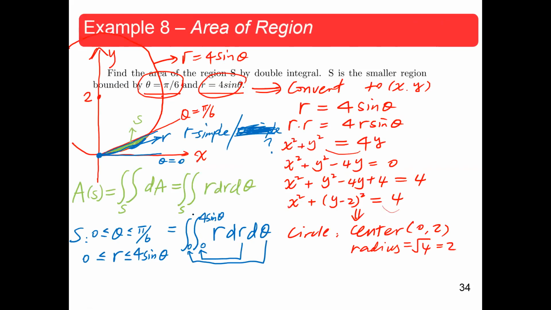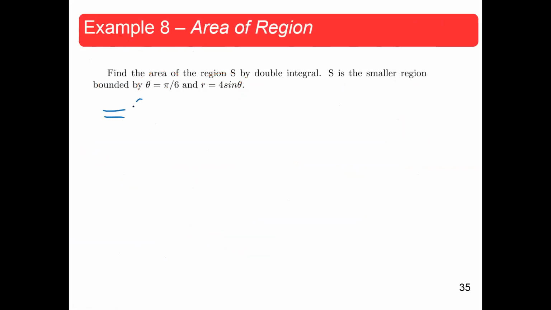Theta goes from 0 to pi over 6. Next will just be the evaluation of this double integration. Okay, let's continue in the next slide. So 0 to pi over 6, 0 to 4 sine theta, r dr d theta.